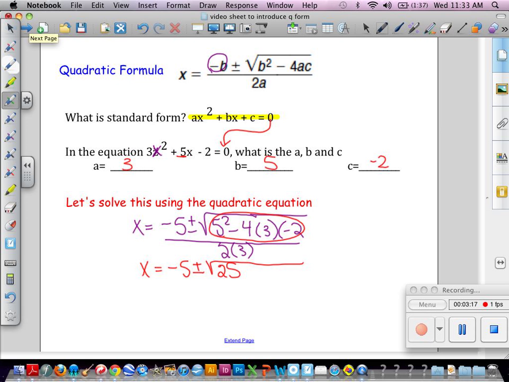I'm going to take a -4 times 3 times -2. 4 times 3 is 12, times -2 is -24. And then I also have the minus sign, so a negative and a minus is going to be a plus 24. And then that is all over, on the bottom I have 6.